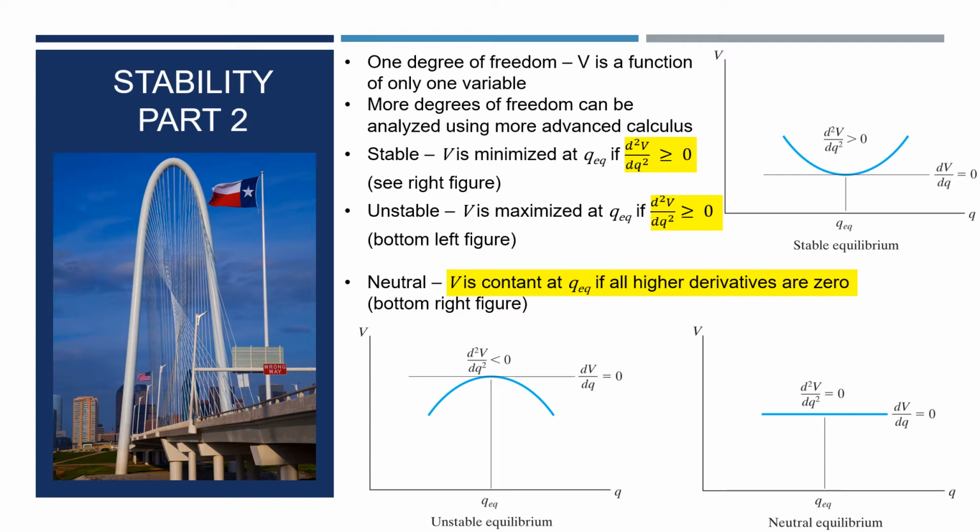If the second derivative is negative, it's unstable, like a ball on the top of a bowl. You displace it a little bit, it'll just keep going. Look at these diagrams like you're looking at a cross section of a hill and a ball on the top of the hill. You'll see this in chemistry. You'll see this in almost electromagnetism.